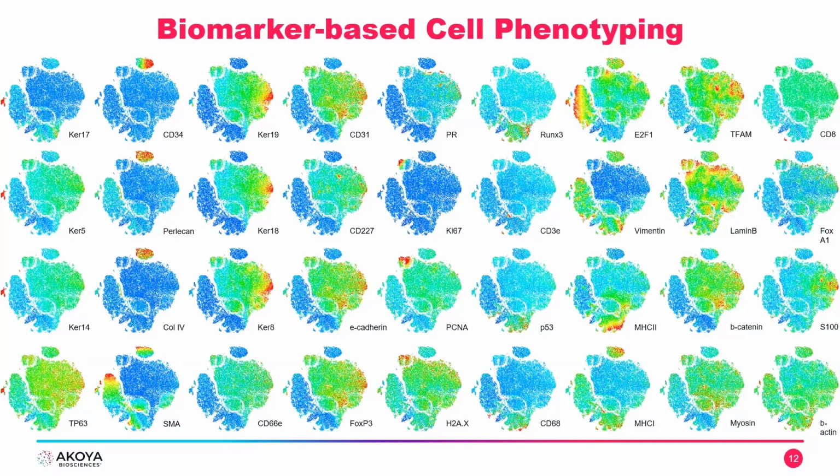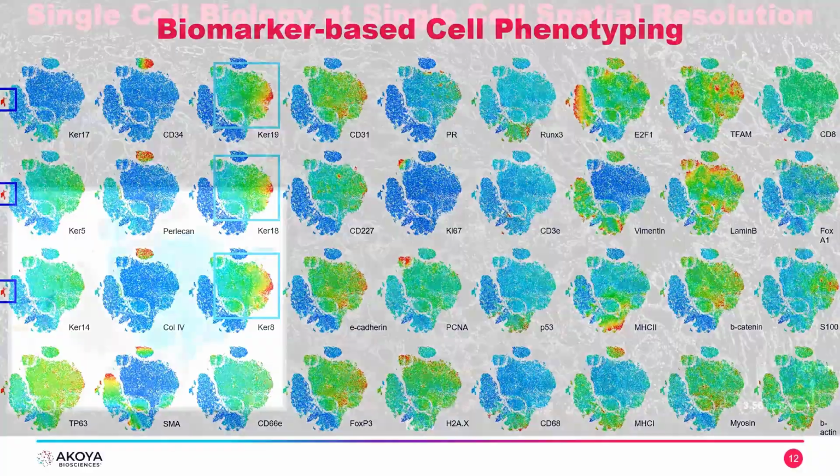And when we look now on this little island of the t-SNE plot of cells, you see on the left-hand side that there's keratin 17, 5, and 14, which are strongly expressed in this island, and also TP63 underneath. On the other hand, you see keratin 19, 18, and 8 on the other side, which also build a cluster.